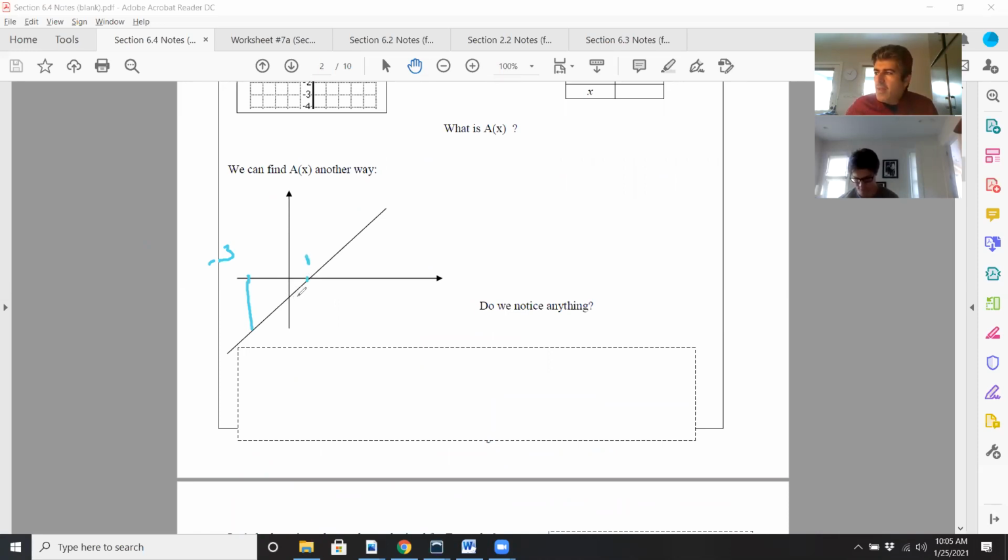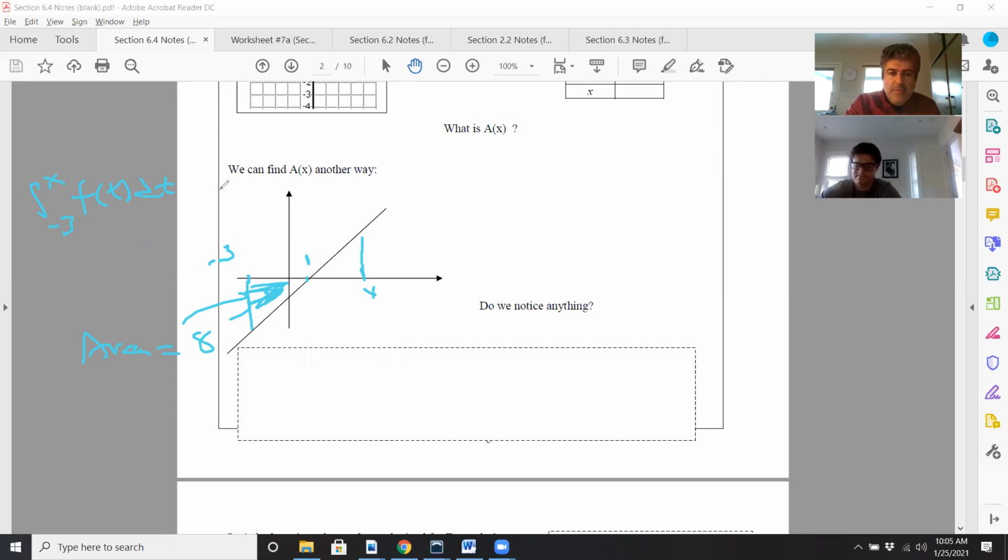Generally speaking, let's say your integral is from -3 to x of f of t dt, and x is right here. So yes, this area was 8. Remember, it's a double negative because you're going from right to left, and it's below the x-axis. So we just say it's 8.